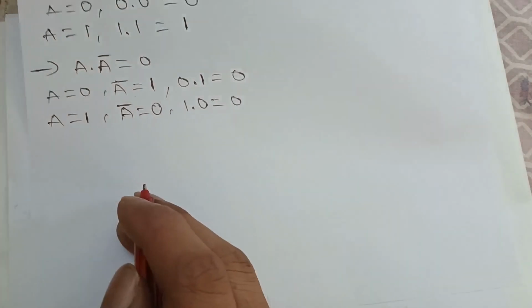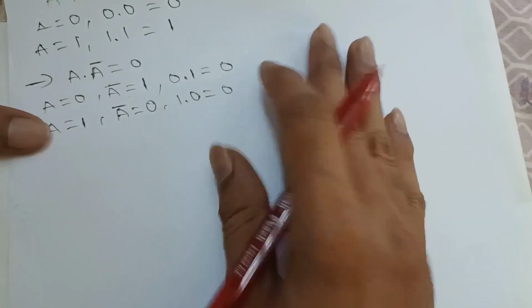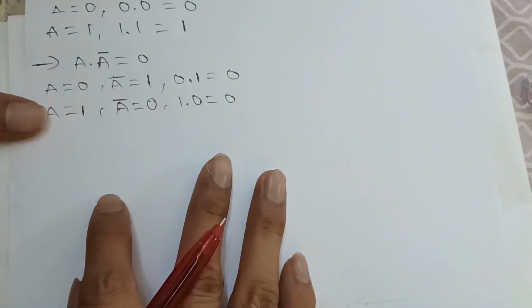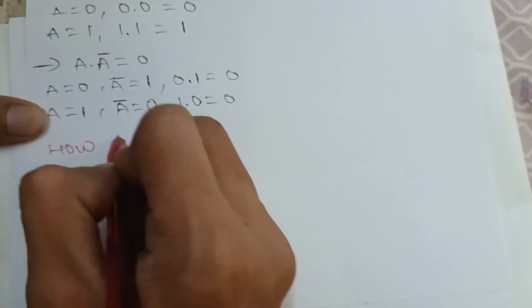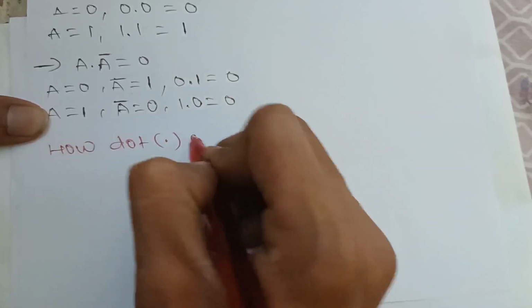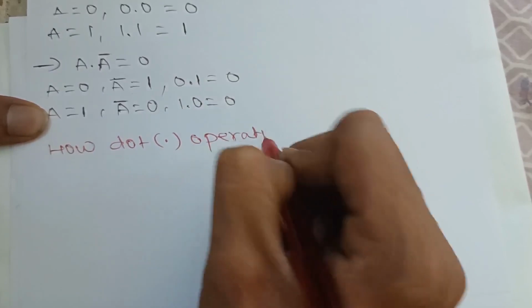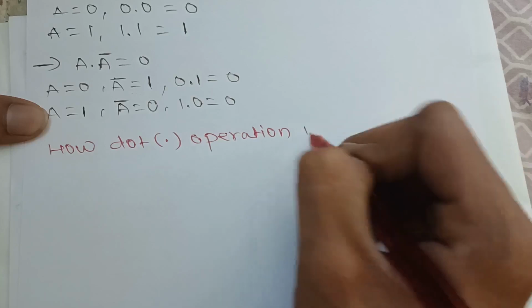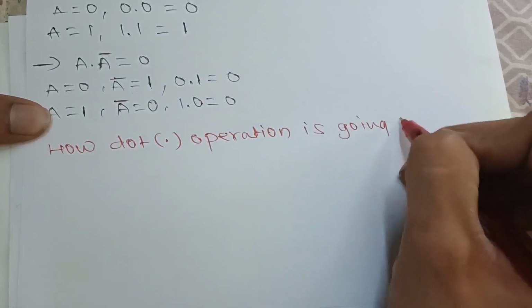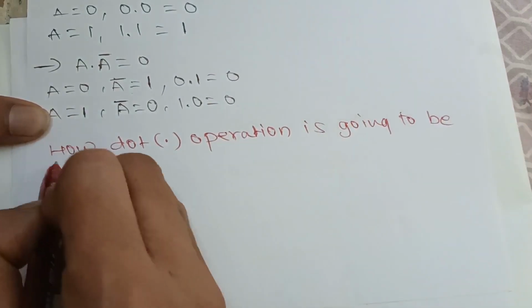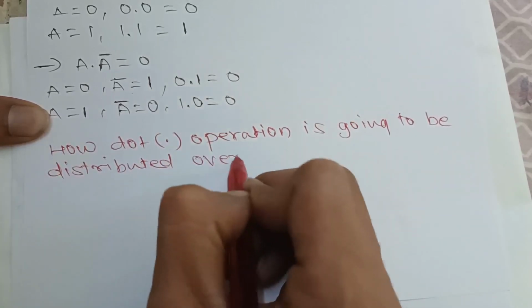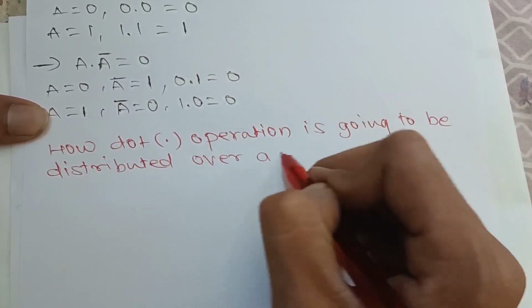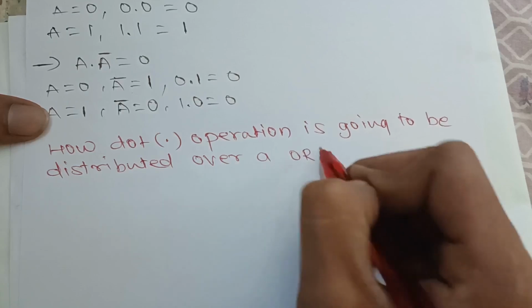So the next topic, and this is most important, is how the dot operation is going to be distributed over the OR operation, you can say the plus operation.